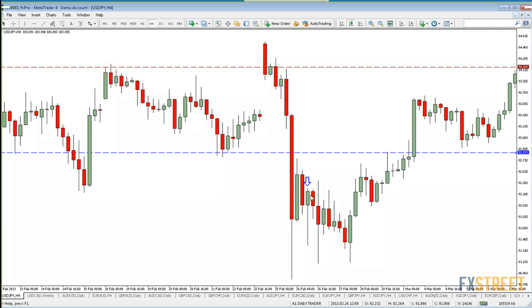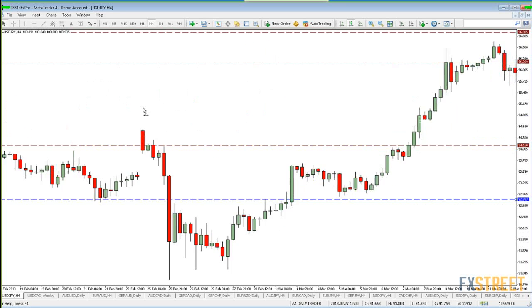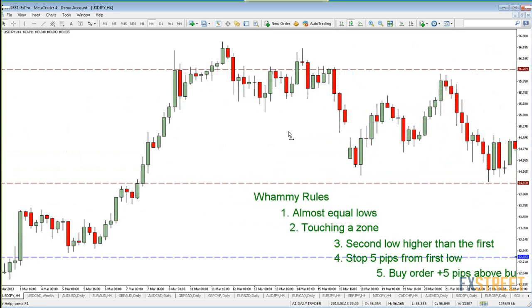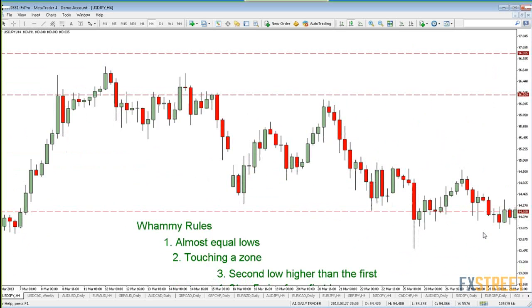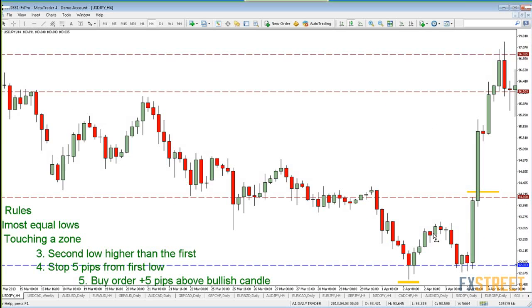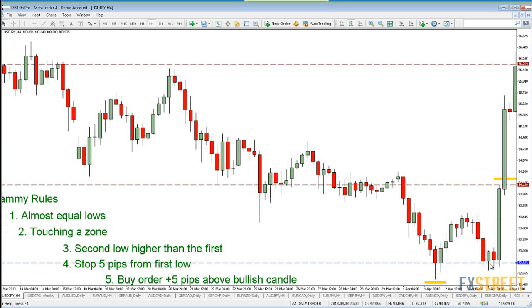Anything like that would tell you that, okay, the market's getting ready to go. It's giving me the clue that it wants to bounce and go higher. And so in this case, obviously, this is the bullish candle. I wouldn't have gone with this one simply because it's kind of still on the touch. You know what I mean? It's the first bullish candle I see on my whammy trade after the second touch has been established.